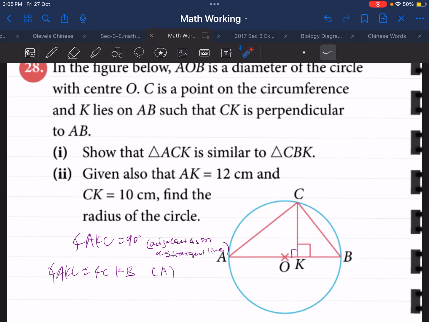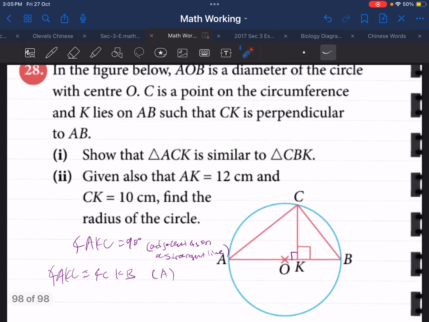Now, what I want you to do is prove that this angle is equal to this angle. It is possible, but it's the same method to find both angles, and we just need to find one angle that's equal.